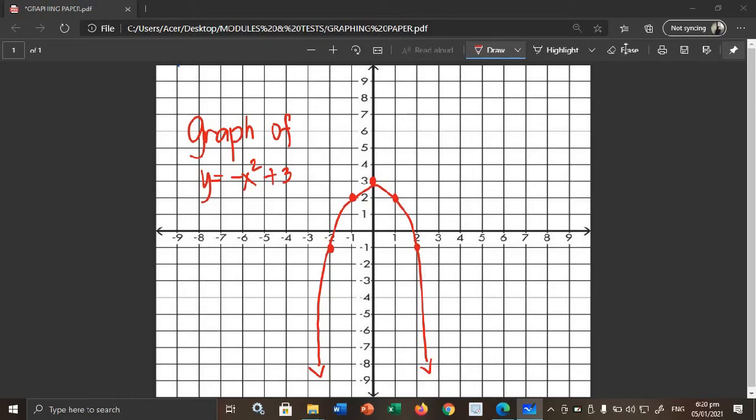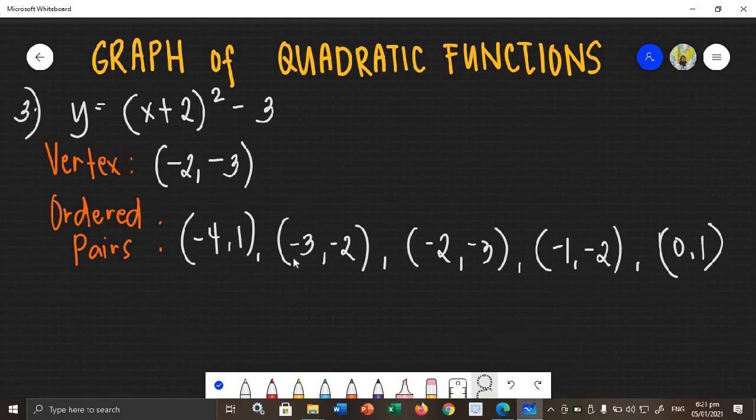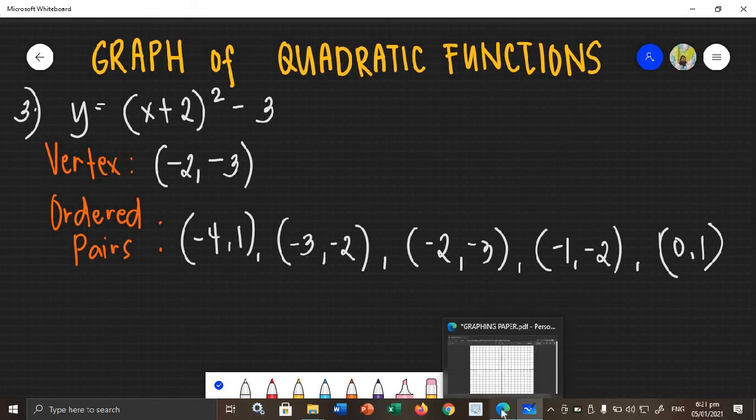So let's graph. So these are the ordered pairs that we need to plot and then connect the points afterwards.